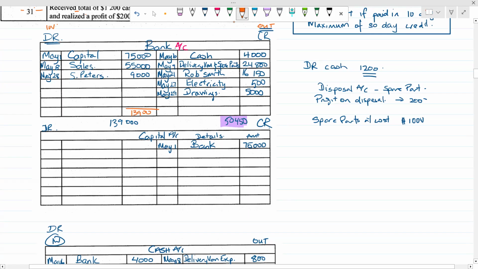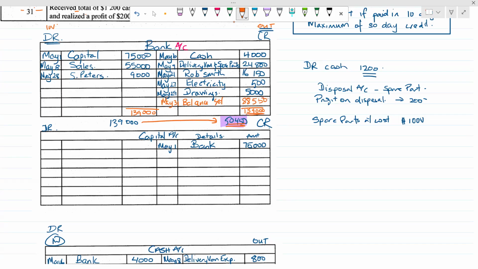The side that has a smaller amount, we ideally want both sides to be the same when balancing our account. Currently, we can't get this because this side is short. Look at how much you have here. So what we need to do is write a balancing figure. Our balance carried down is the difference between 139,000 and this 50,450. Understand? So our balancing figure is $88,550.